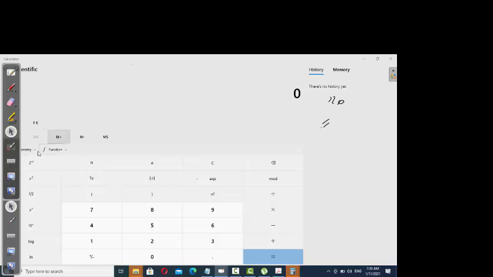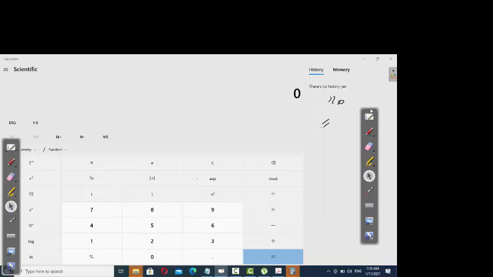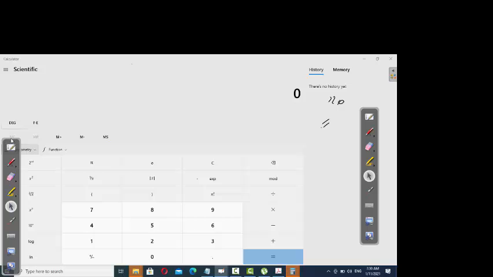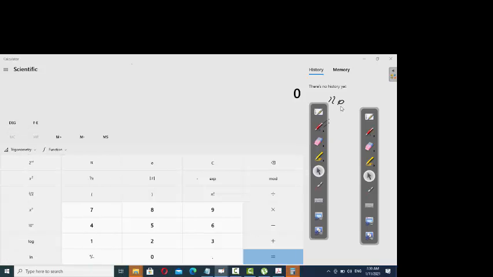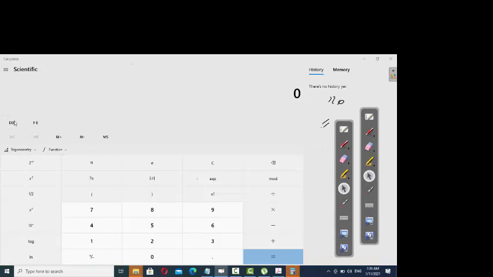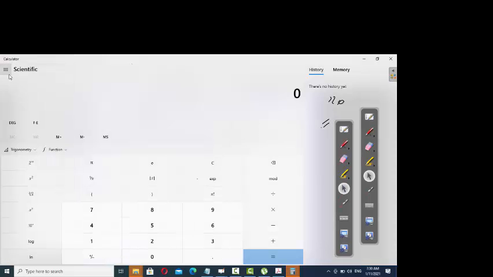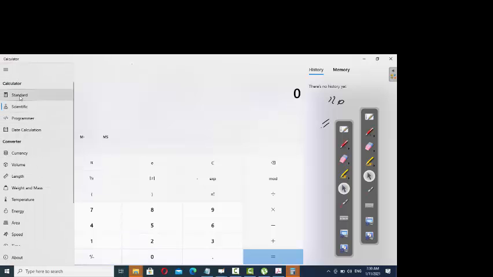Okay, so now here it is. So I'm gonna change this calculator to something like standard. So what I want to do is I want to say 32 times 1024.